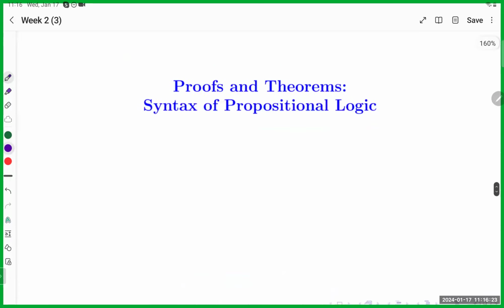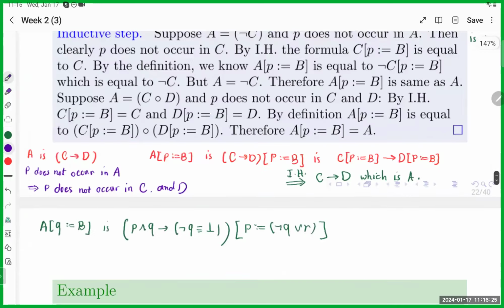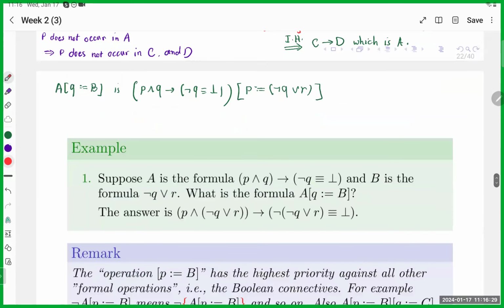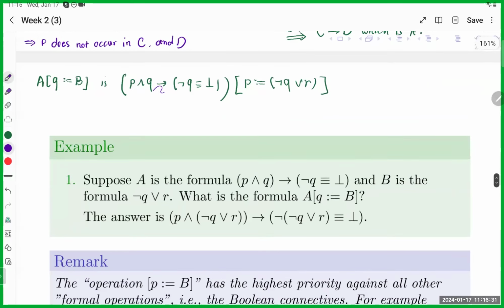Now by the recursive definition, this is a formula implies another formula.